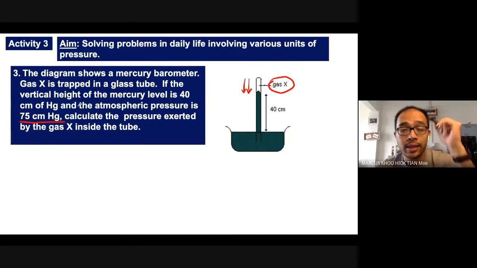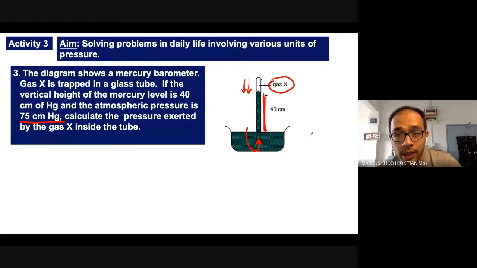Guys, this is the exact same problem as the one just now, except that now you're inside this mercury, but it's still the same thing. Atmospheric pressure is going to push here. This 40 centimeters of mercury is pushing in what direction? Down. It's going to push down.